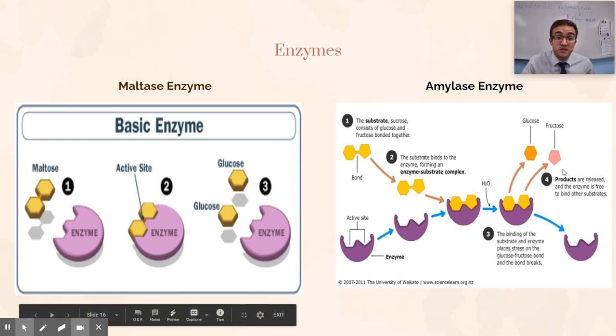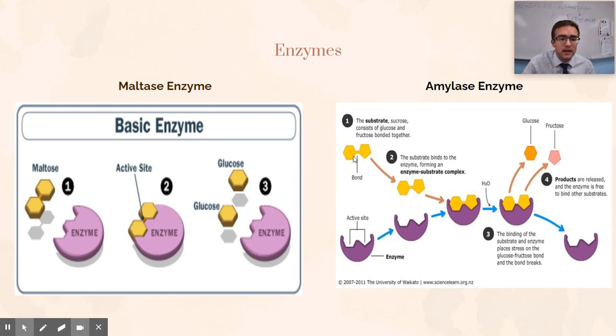Some terms you'll hear through this process, right, is the maltose, the sucrose, whatever the molecule is, the bigger disaccharide, we refer to that as the substrate. The substrate comes in and is going to want to fit into the enzyme active site.